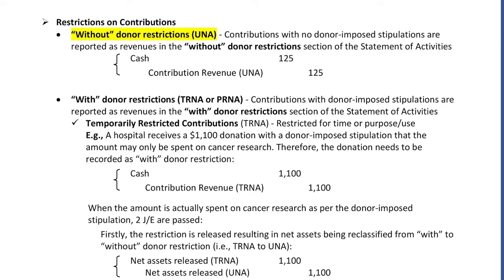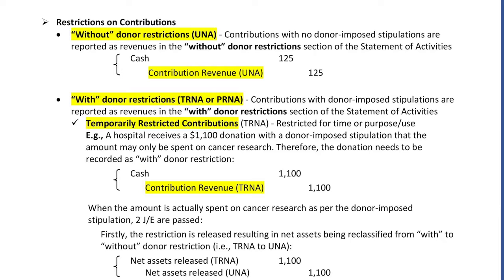On the journal entry, highlight the credit side. Contribution revenue reported as increase in unrestricted net assets. Next, highlight with donor restrictions, TRNA or PRNA. Highlight temporarily restricted contributions. And on the credit side, highlight contribution revenue, TRNA.